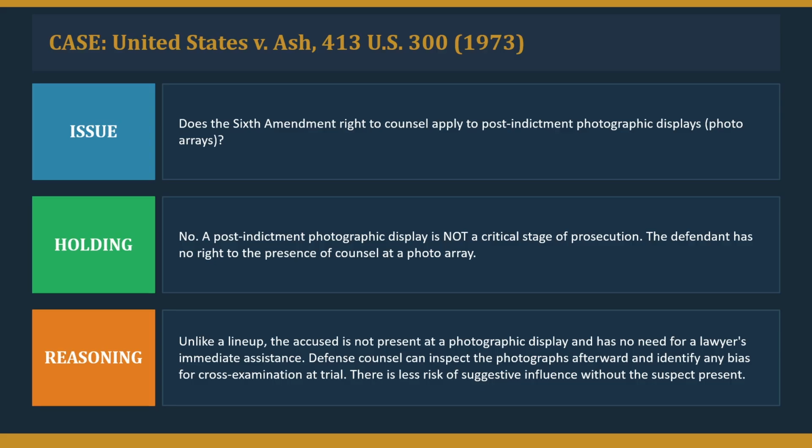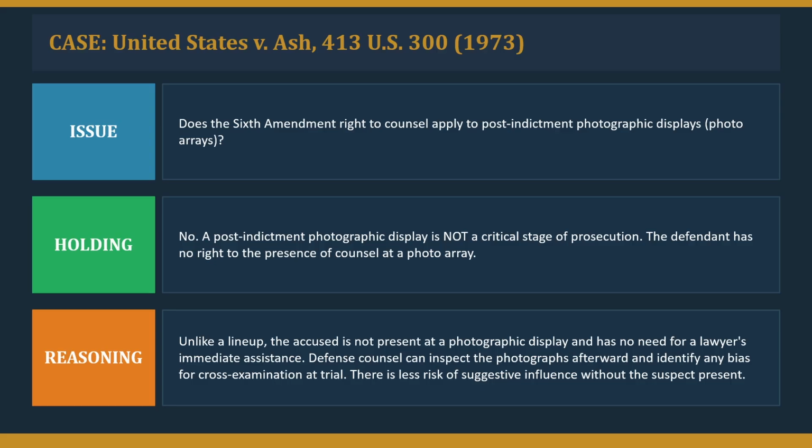The dissent, written by Justice Brennan and joined by Justices Douglas and Marshall, pointed out what they considered a glaring irony in the majority's reasoning. The court says a defendant needs a lawyer at a lineup because the defendant can't adequately observe what's happening on their own, and then turns around and says the defendant doesn't need a lawyer at a photo array because they're not present to observe it at all.